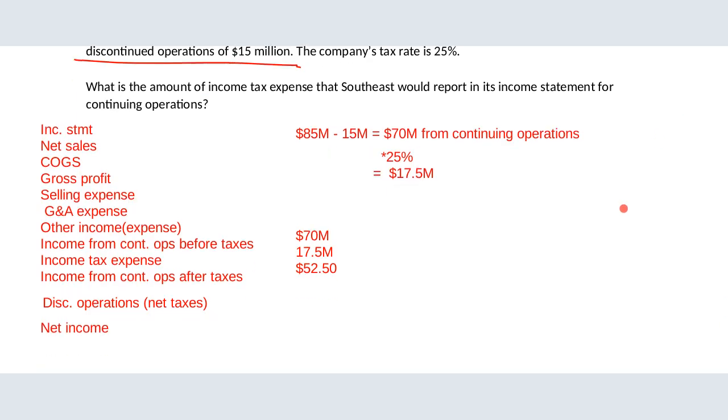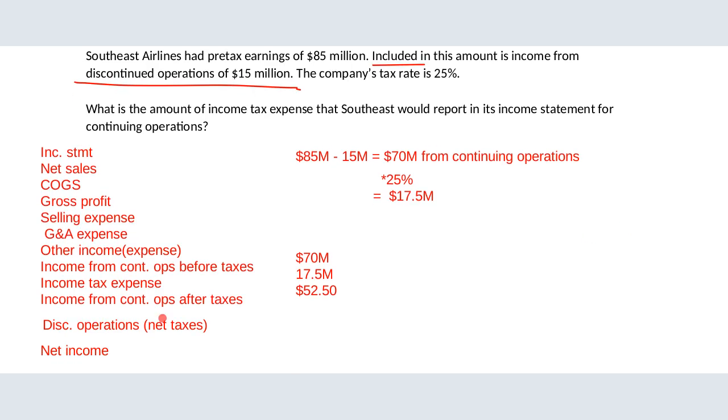And then we have our discontinued operations net of tax. So we can take 15 million and multiply by 75%, or 1 minus 25%. So 11.25 million.